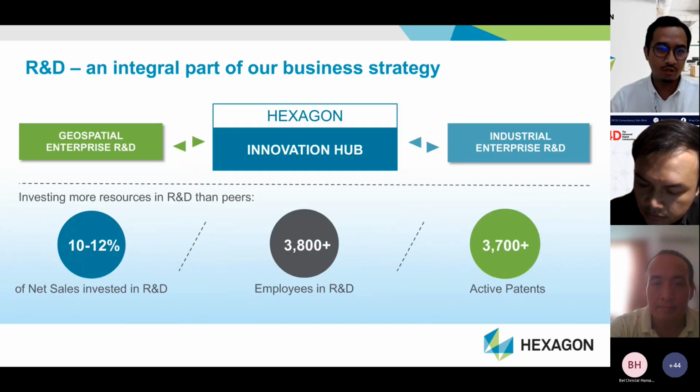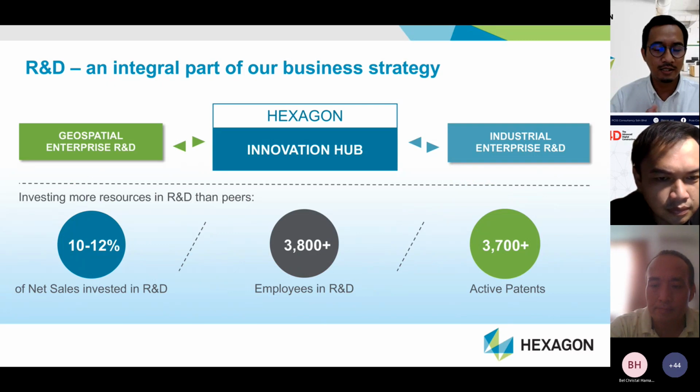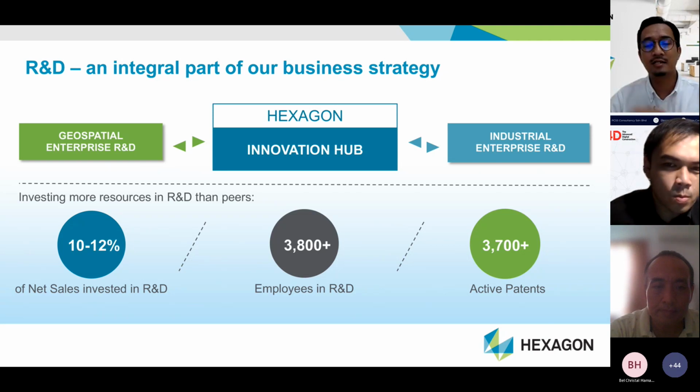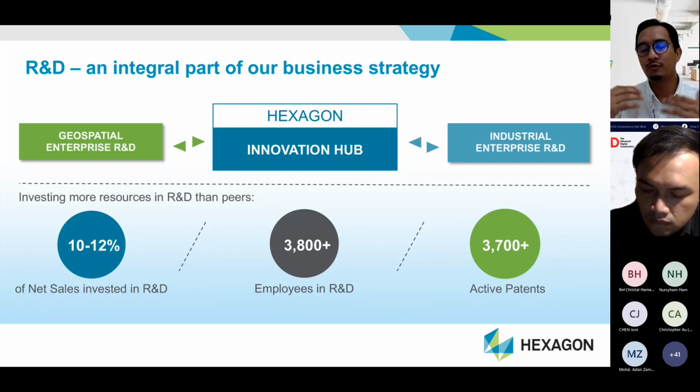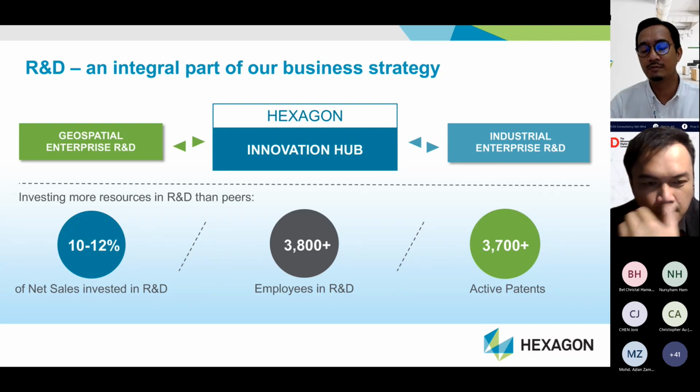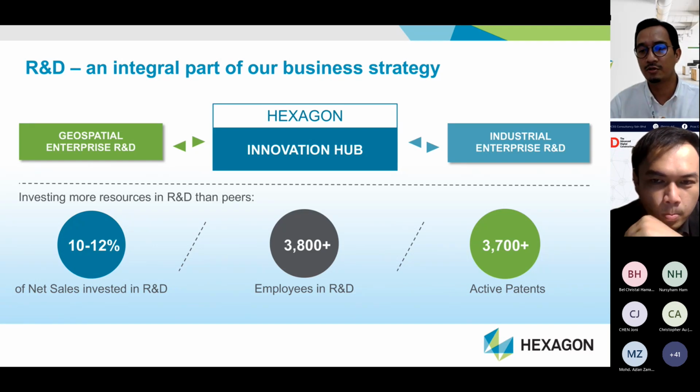And of course, just a little bit on this R&D overview. We want to let you know that Hexagon itself has roughly 4,000 people in R&D, right? And when we say we have 4,000 people in R&D, it means we are serious. We don't just make things for the sake of selling it, but we always focus on how our end user would like us to serve them, and to let them feel safe with our product and so on.